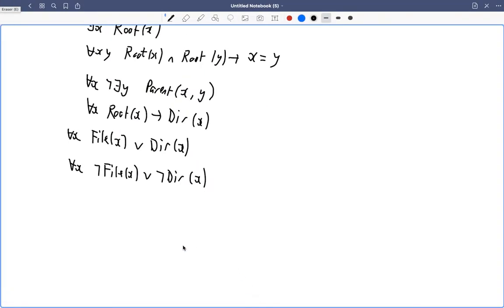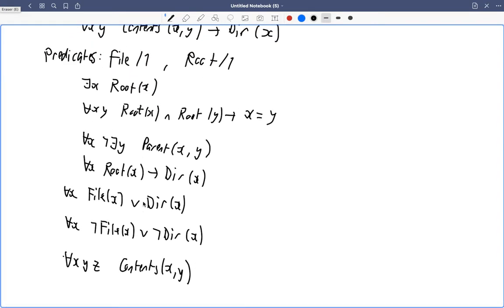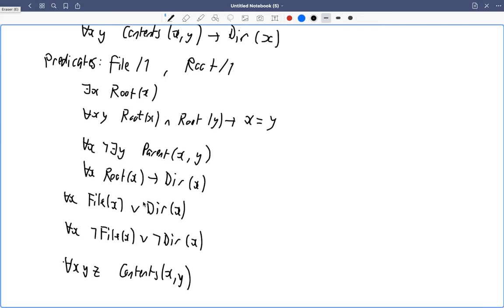So we can say that as for all x, y, z, contents x, y. This already implies that x is a directory, I think.